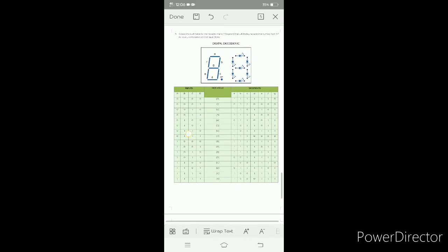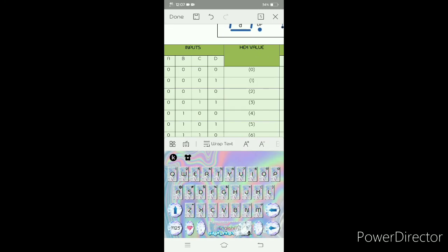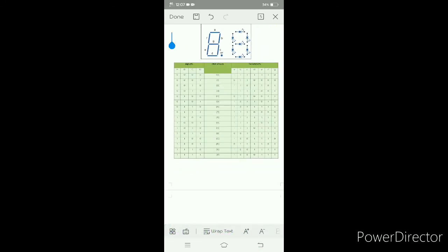We have here the digital decoder IC with 7 segments, A, B, C, D, E, F, G. And we have here our inputs in the truth table, the hex value, and the 7 segments.